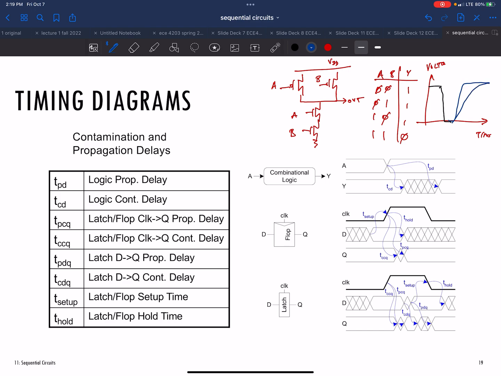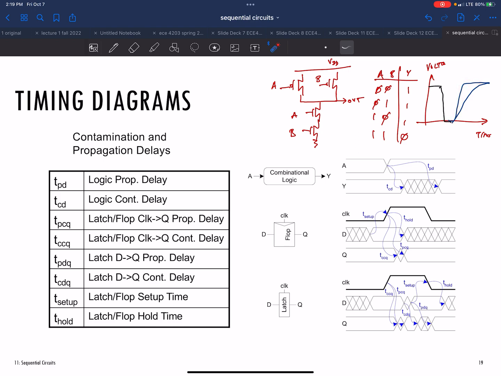What's the fast way? Well, the fast way is when A and B are both zeros, when they both turn on, I have twice the current. I've got two transistors pulling this node up, so it goes up really fast.